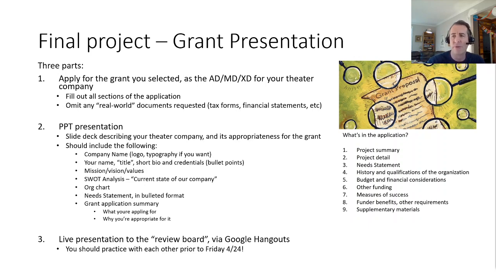It doesn't have to be the full need statement. You can do bullets for it. And then a summary of the grant application. We are applying for the X grant because we feel that it's appropriate for our mission, and fill in those details. So that's going to be a PowerPoint presentation. That's the second file we're going to have.